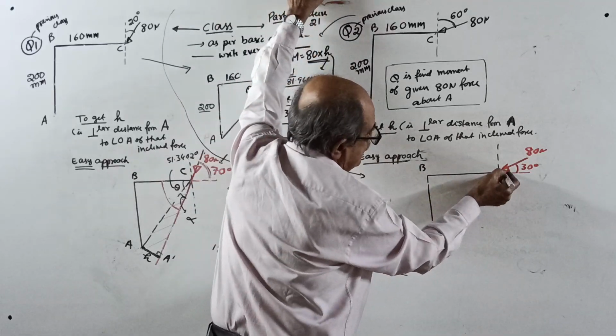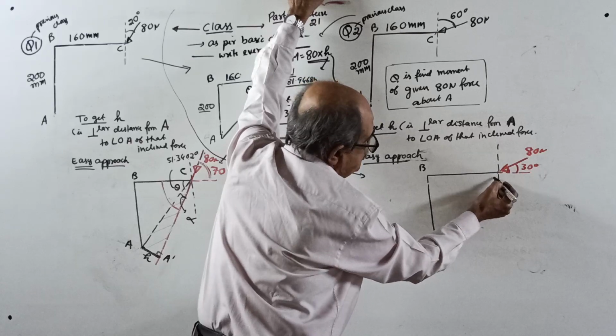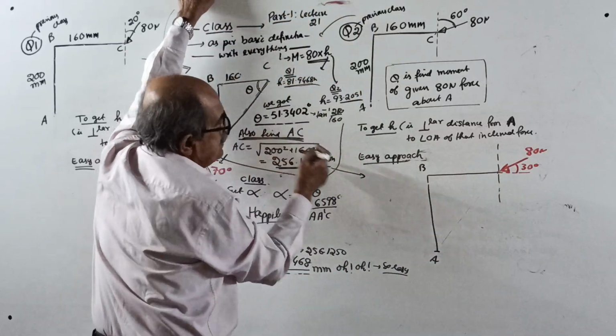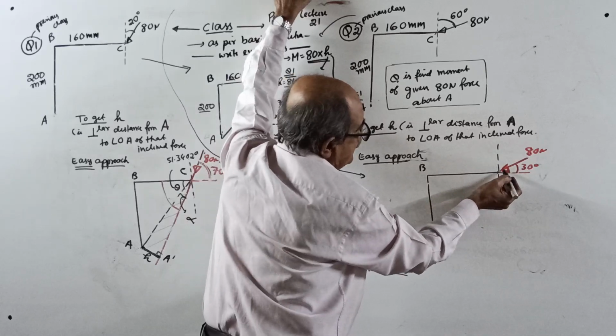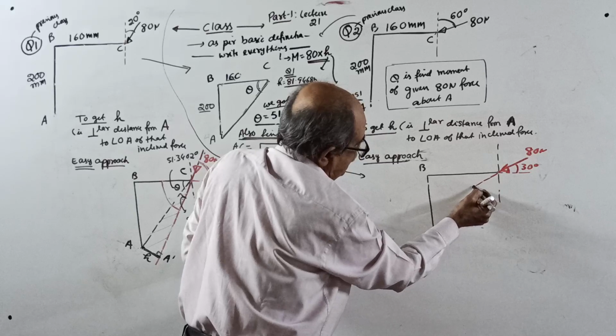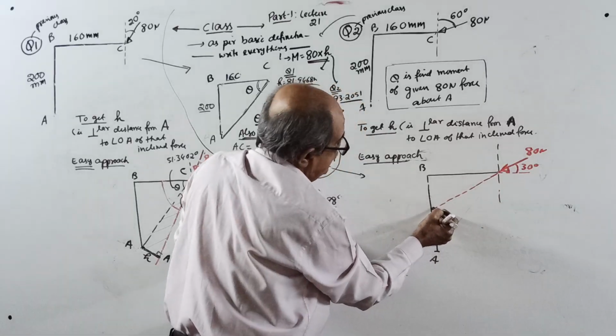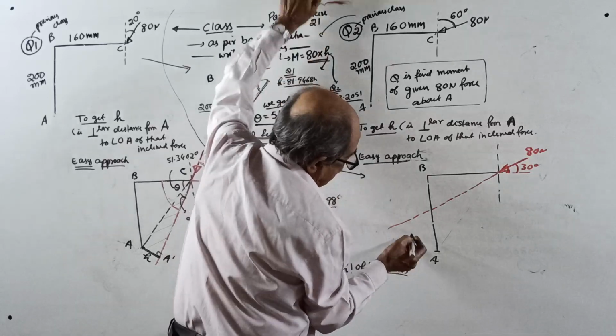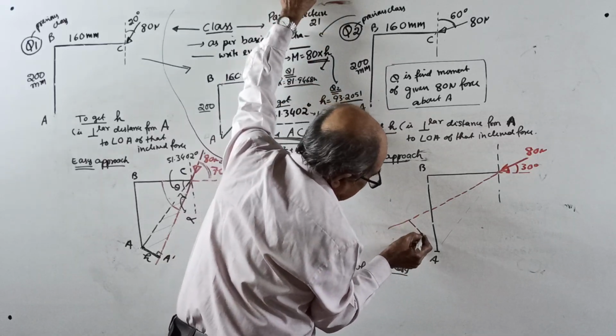Okay, now extend this line. See here. If I join here, that angle comes to 51.34. This is only 30 degrees. Therefore, the line will come somewhere here. That is quite easier. See, this is the extension of the force. So from A, if you draw a perpendicular, your perpendicular will come this way.